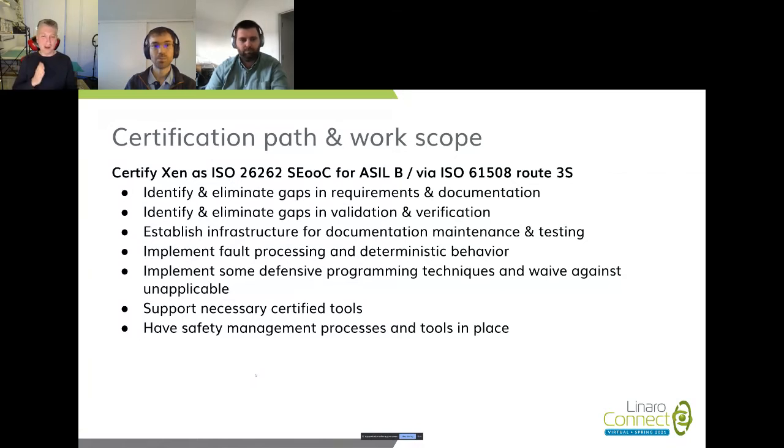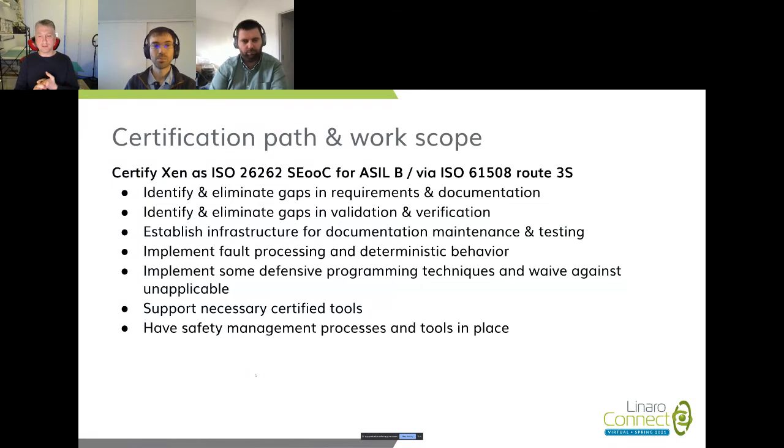Our work scope is to identify and eliminate gaps in requirements and documentation, in validation, verification, or testing otherwise. Establish infrastructure for maintenance of documenting, tracing, and testing the documents. Implement, or let's say improve, the fault processing and improve the deterministic behavior of Xen.